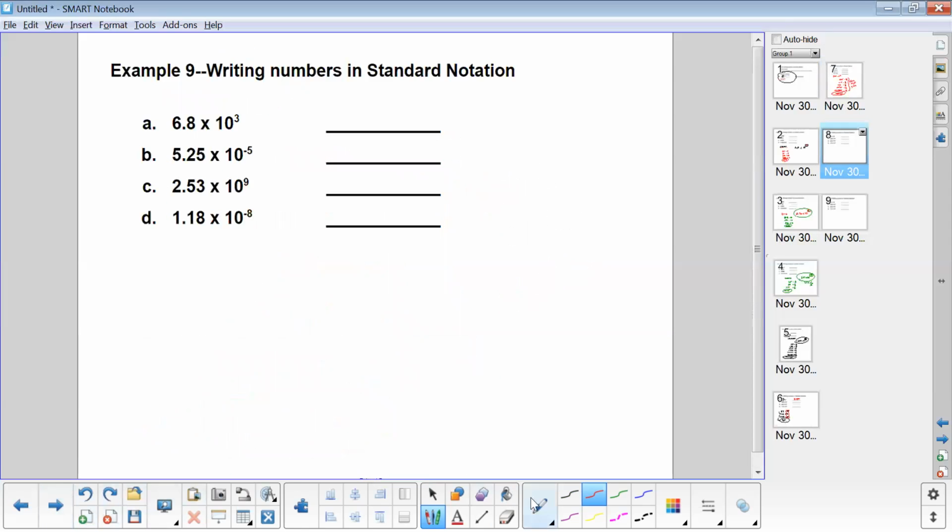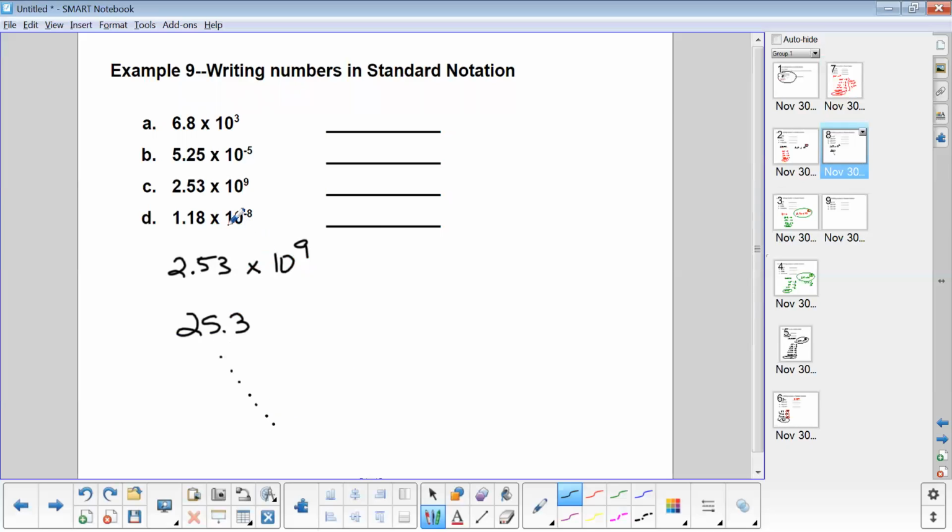Here I've got 2 and 53 hundredths times 10 to the 9th. So all that's doing is saying I'm going to multiply by 10 9 times. So I multiply by 10 one time, I get 25 and 3/10. And I just continue on and on and on.